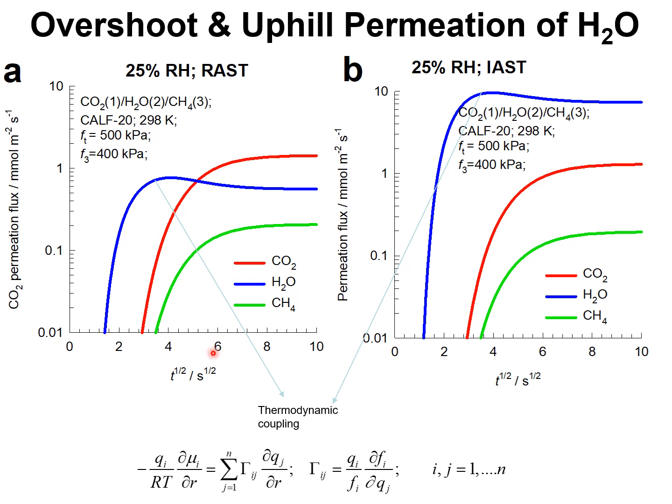If thermodynamic non-ideality effects are completely ignored and calculations are done on the basis of the ideal adsorbed solution theory, we observe that the permeation flux for water vapor is significantly higher than that of CO2. These results are quite different from the results obtained using the RAST. The important message is: ignore thermodynamic non-idealities at your own peril.